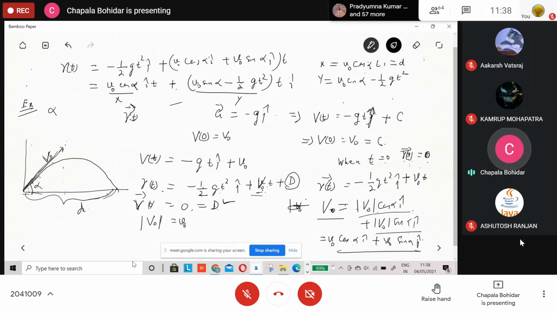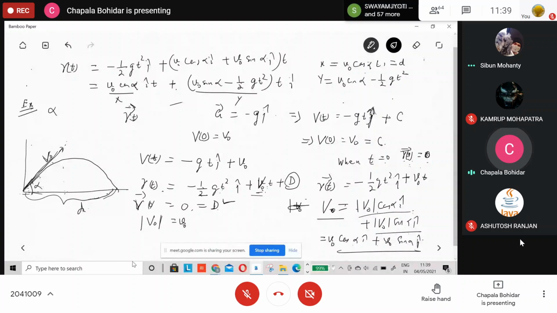Ma'am, y equals V naught sin alpha minus half g t square into t. Yes, into t, half g t square. Ma'am, here V naught cos alpha. Let me check it.